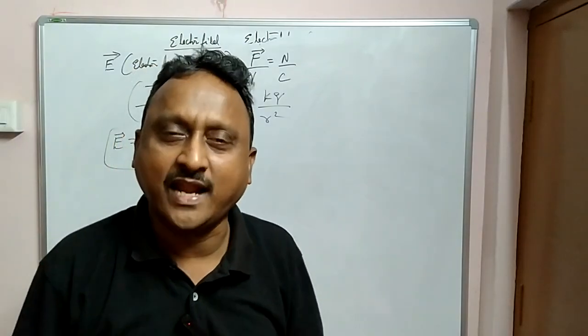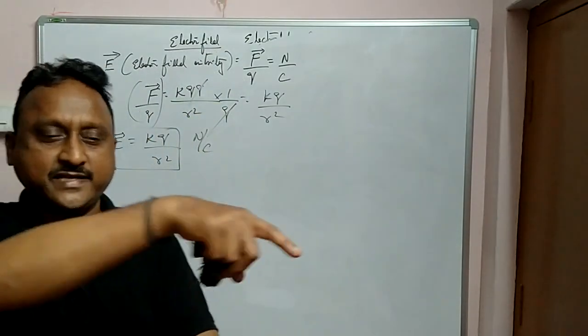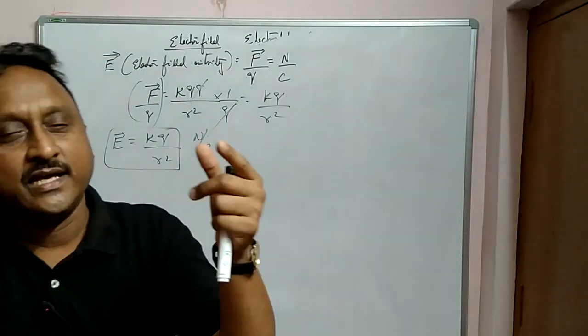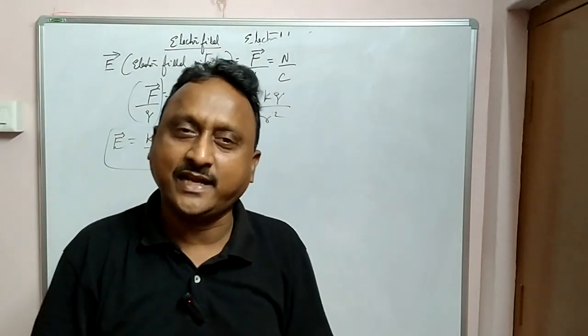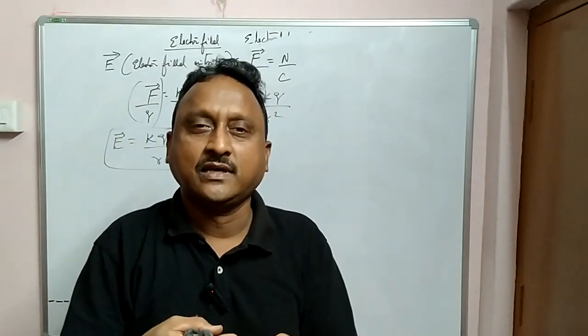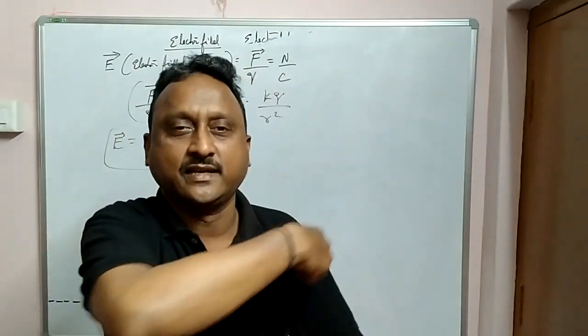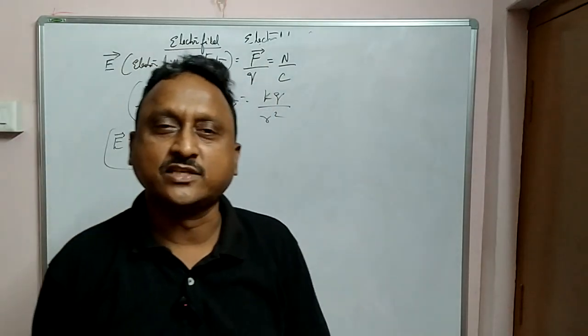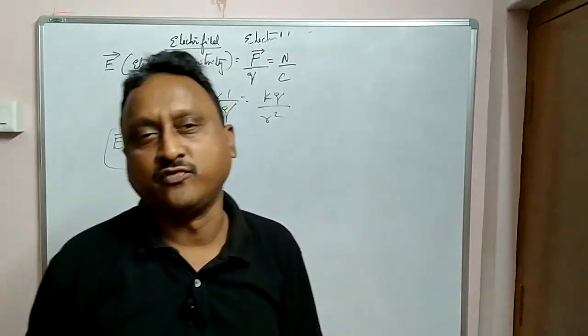Just like the magnetic field, as we say, the region or space around the magnet where its influence is felt is called the magnetic field. Electric field also, what is the electric field? The region or space around the electric charge up to where its influence is there. That entire boundary is called the electric field.